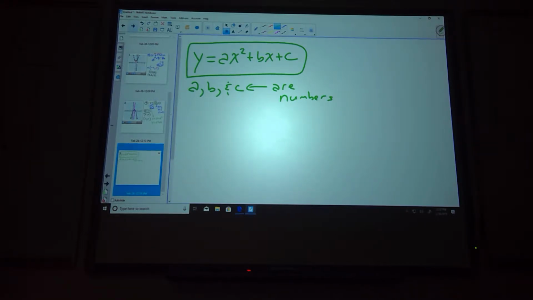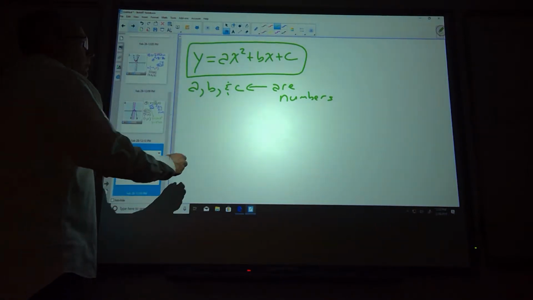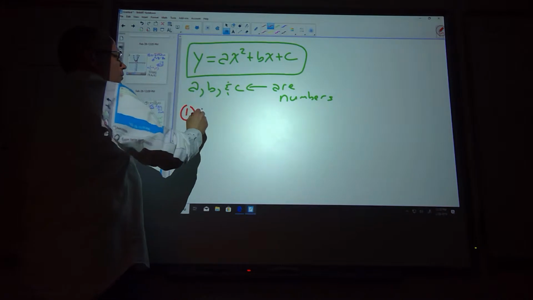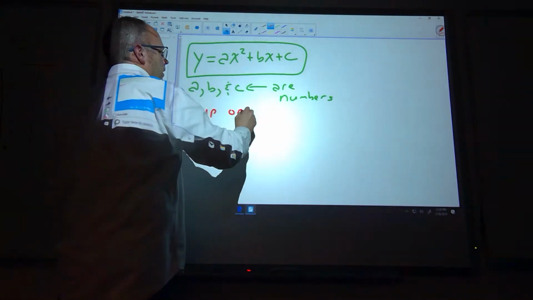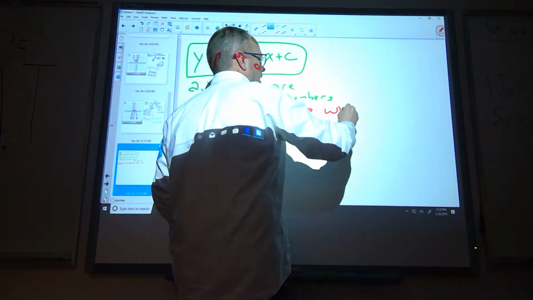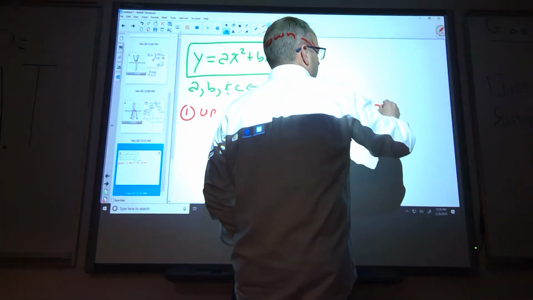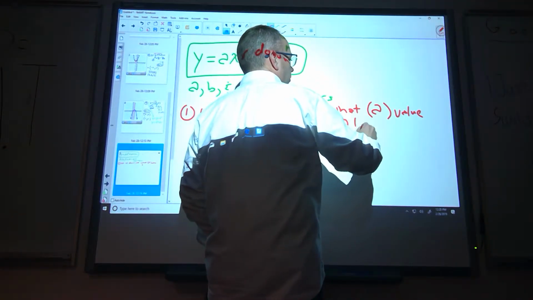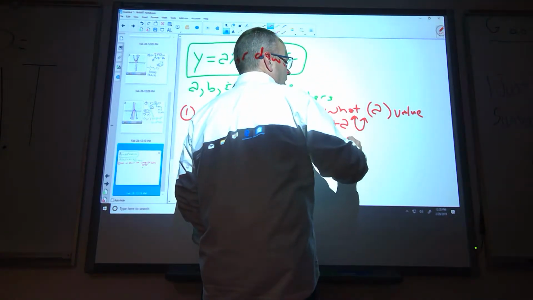Agree? So then when we go through this, we ask a few questions. We say, hey, does this open up or down? And that is, what is the a value? If it's positive a, it opens up. If it's negative a, it opens down.